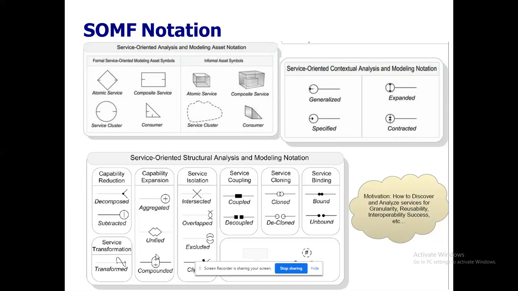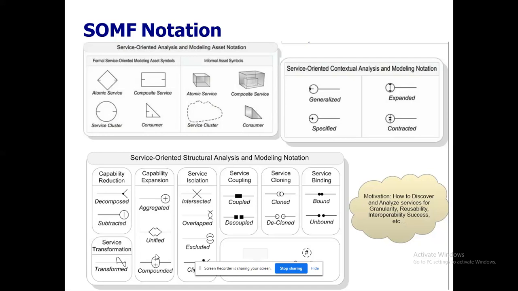That's the thing. So when you are going to work with operations, flow along with the operations, in those cases you can use the notations available here in the bottom section of your SOMF.